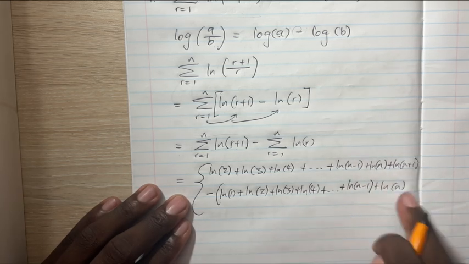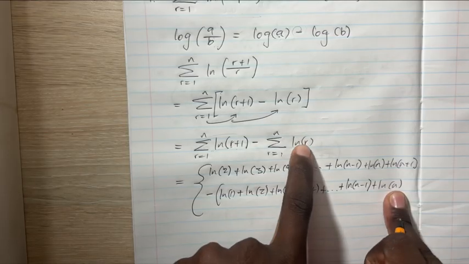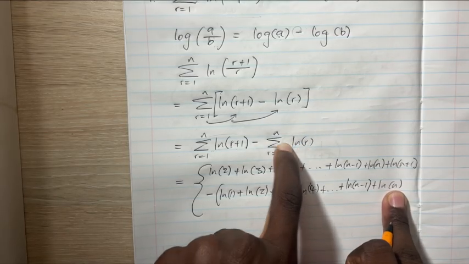This one ends at n because it's just ln of the value and the last value is n.